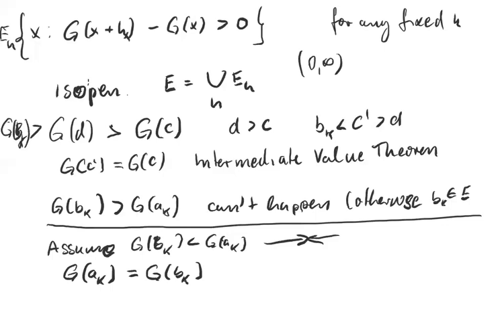Let me draw a picture here. If you look at this value of x, which is the little hump, then if you choose h large enough to get over here, you have something bigger. It just means that you can find an h where it's bigger.